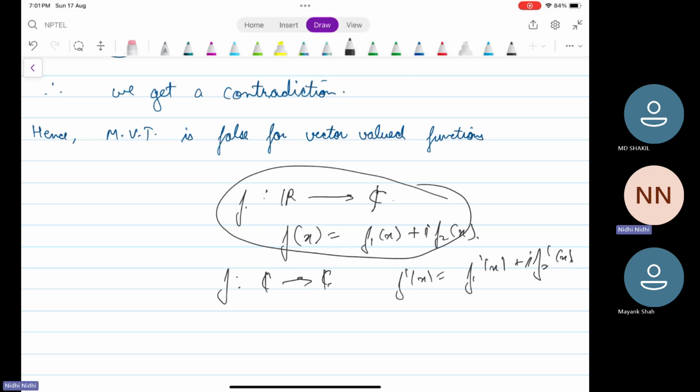Here C is considered as R2, it is isomorphic to R2, so in that case we will not have the mean value theorem. In the complex analysis that we study, our domain is also complex, no? Here our domain is just the space R.